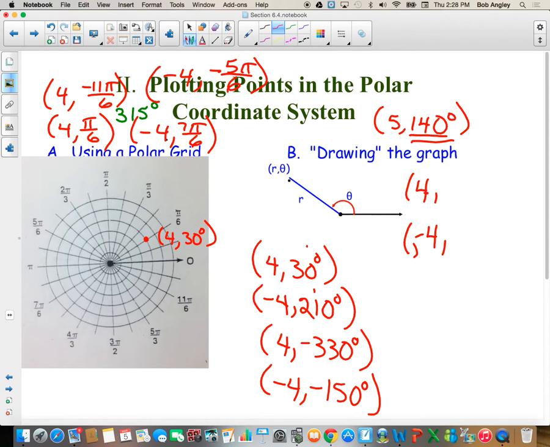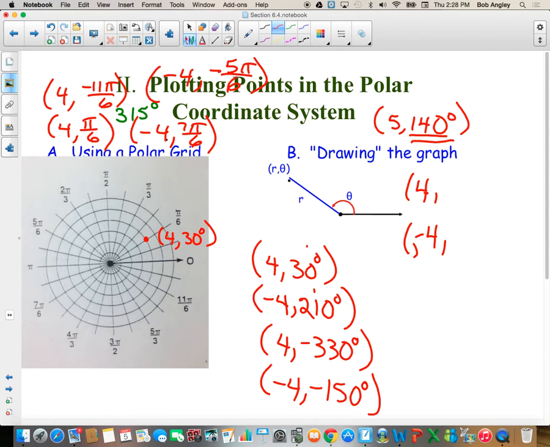In other words, it has to be one of those two. Everything that got called out had to be one of those two, right? So there's just basically going to be 2 choices for r: the number that represents how far it is out from the pole, or the opposite of that number.